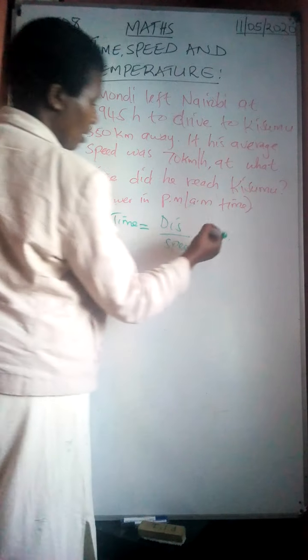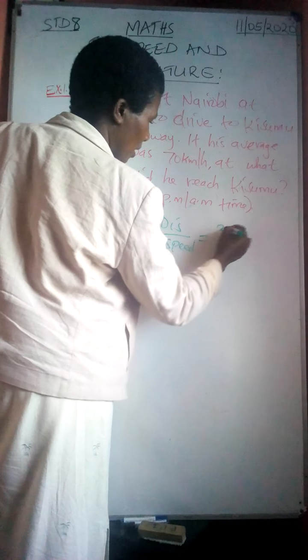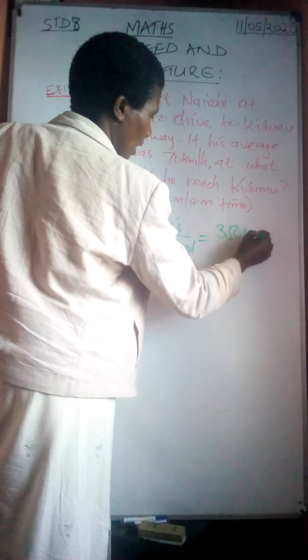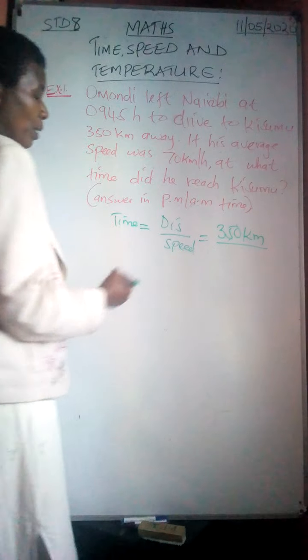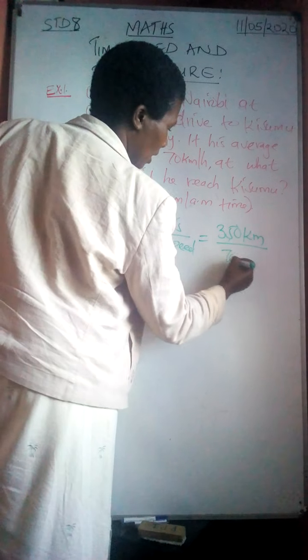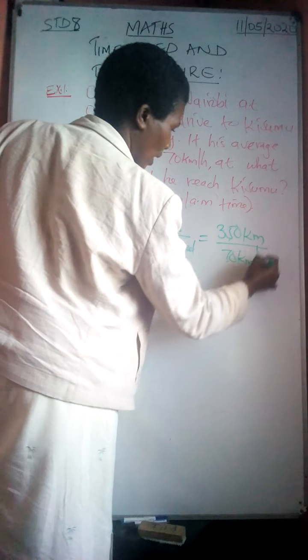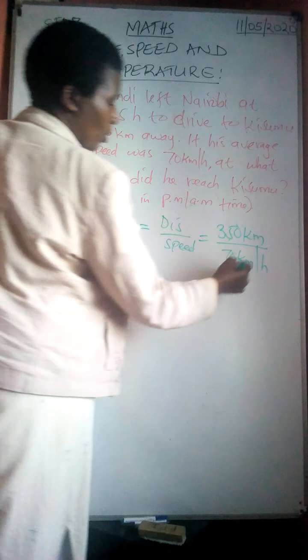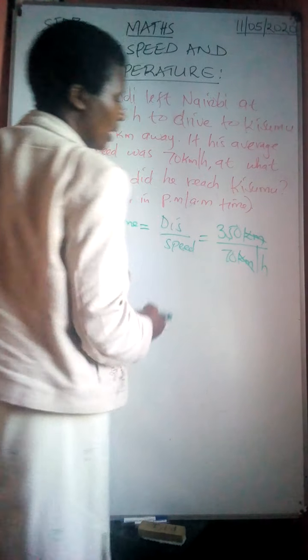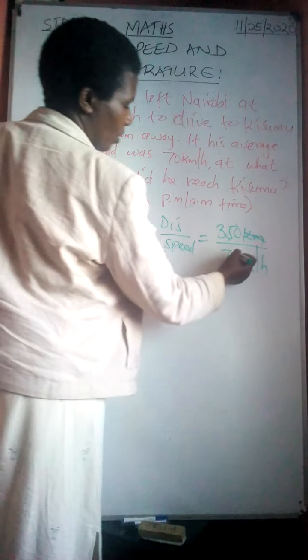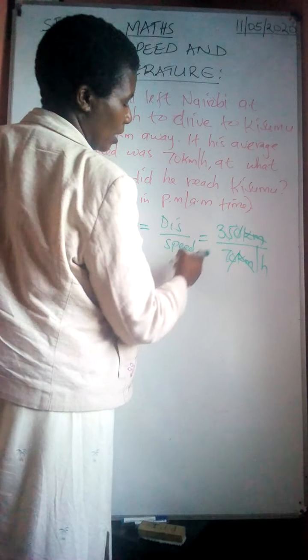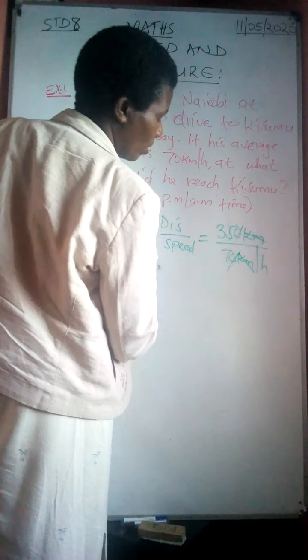So the distance to cover here is 350 kilometers, driving at a speed of 70 kilometers per hour. Kilometer and kilometer cancel. So we have to work this out. 0 and 0 cancel.